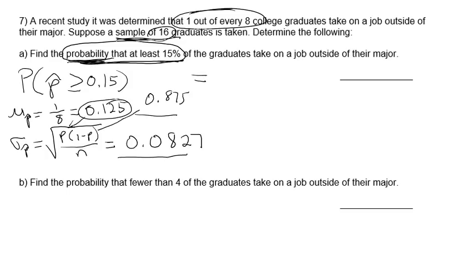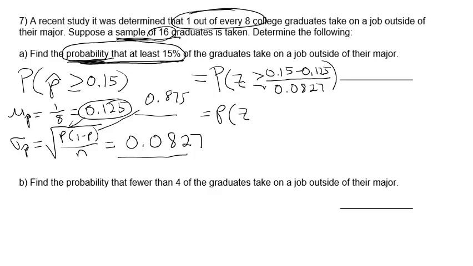We're now ready to get to the table by subtracting the mean, dividing by the standard deviation, doing the math. When we do the math, we get 0.30. This is exactly what the table was telling me.